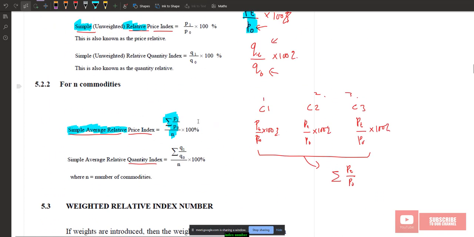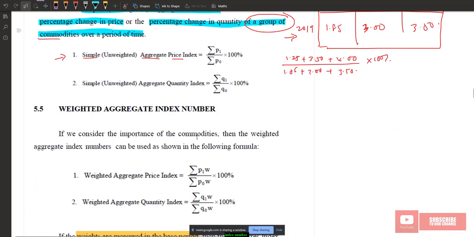It's a totally different formula. Because this formula requires you to calculate the index number for each commodity, and then you add all the index numbers for those three commodities, right? Now for the quantity index, we just change the value from price to quantity, right? So this is what we call a simple aggregate index number, right?